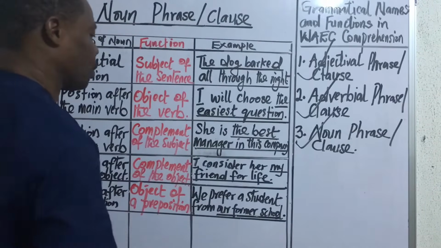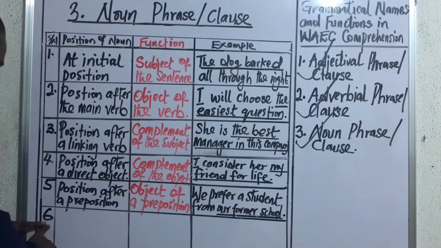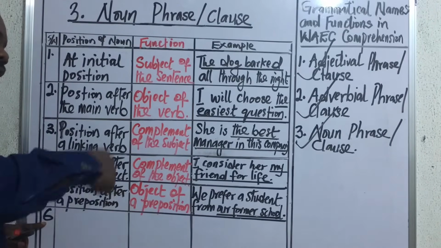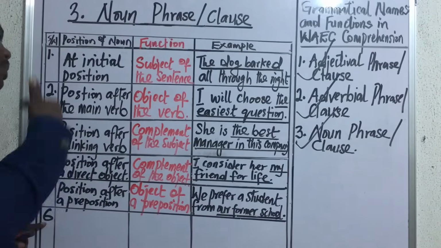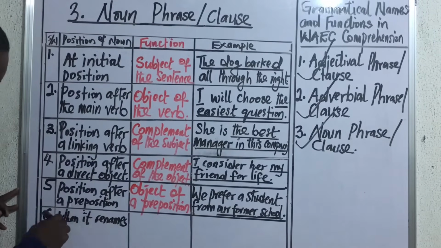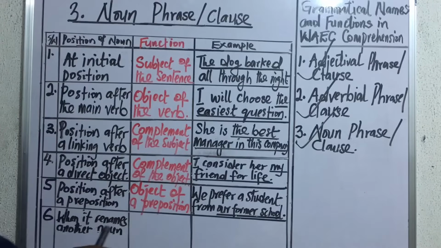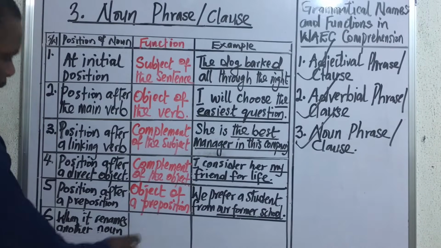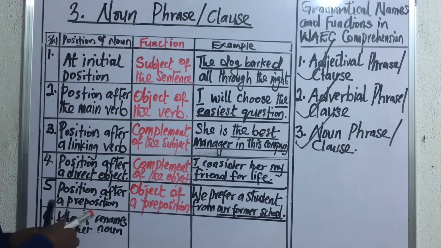Now let's go to the next one. The next one is a situation where the noun comes into a position where it renames another noun. When the noun that we are considering is renaming another noun, then the function is appositive.